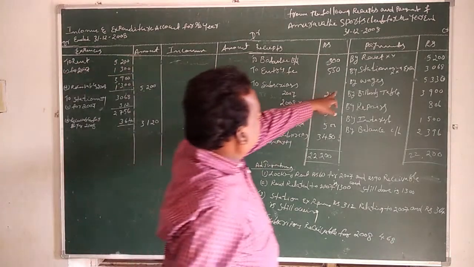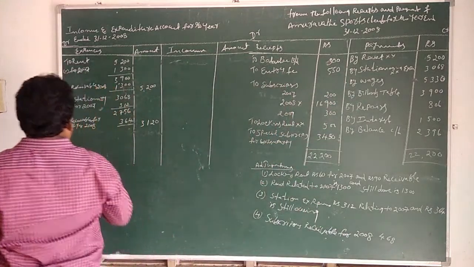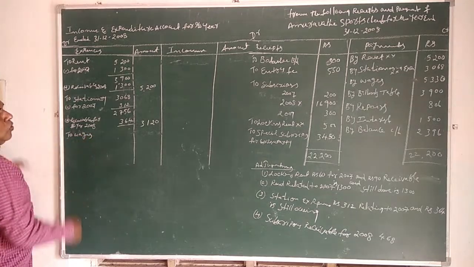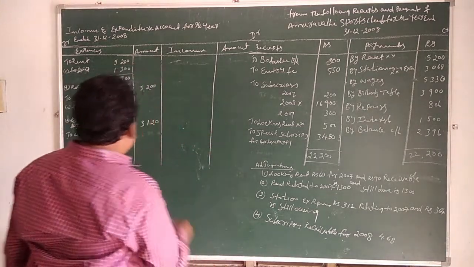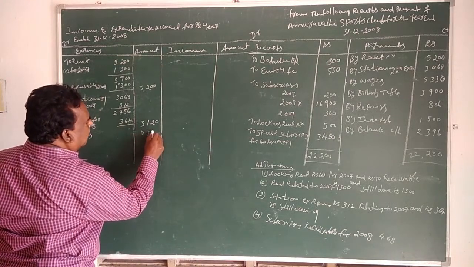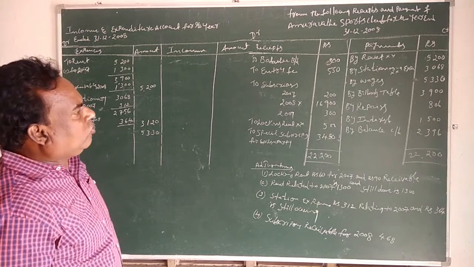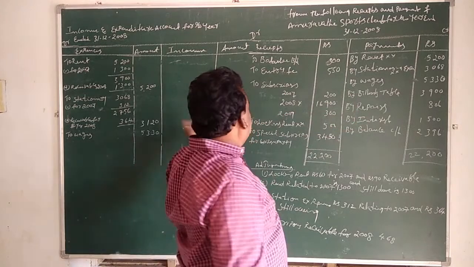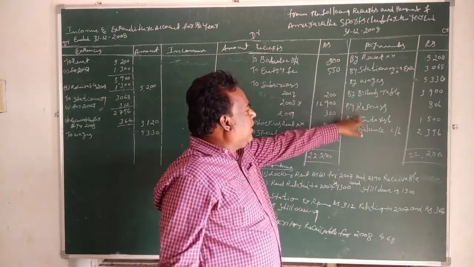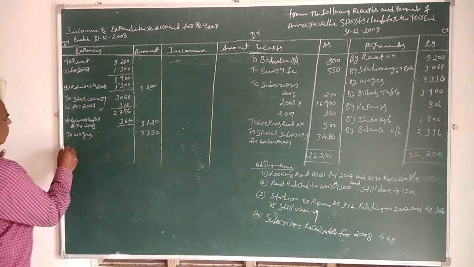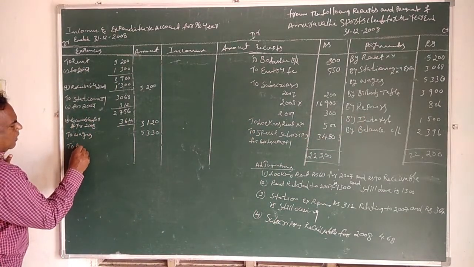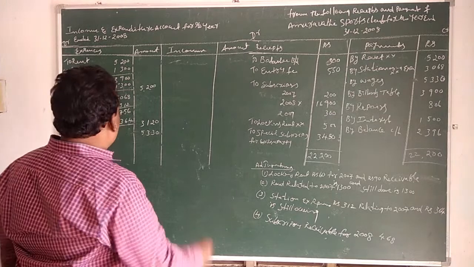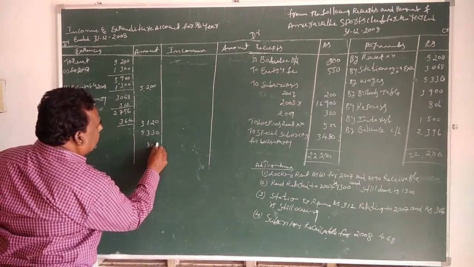Then wages 5,330. Billiards table is a capital expenditure. It is not recorded on the debit side of the income and expenditure account. Next, repairs 806.